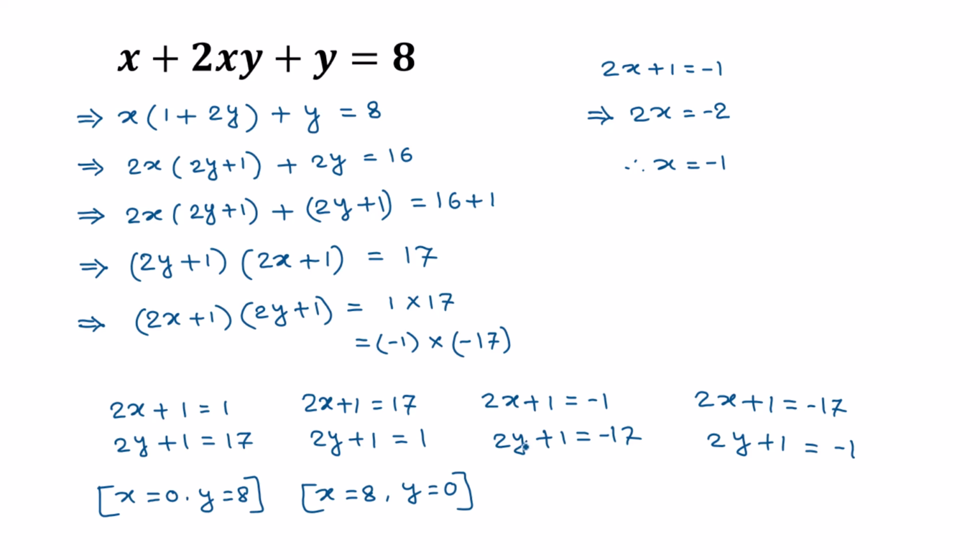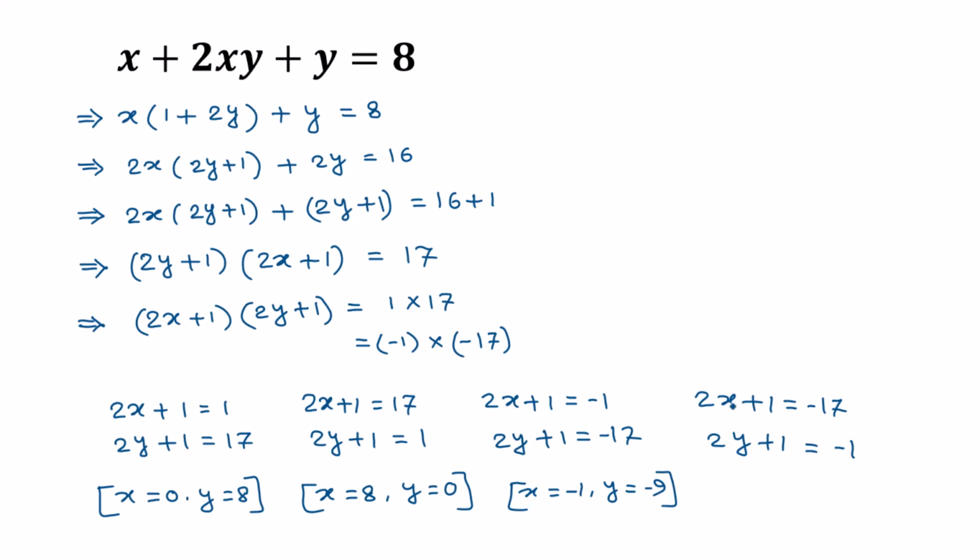And for this second equation, 2y + 1 is equal to negative 17, or taking this 1 to the right side, 2y is negative 18, and dividing both sides by 2, we get y is equal to negative 9. So for this case, we have found x is equal to negative 1 and y is equal to negative 9.